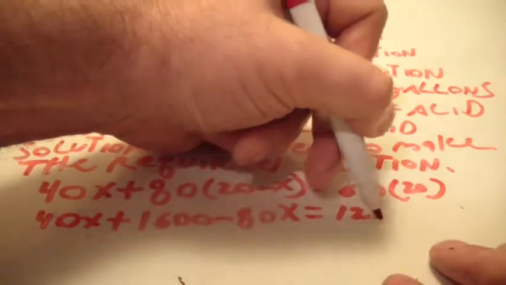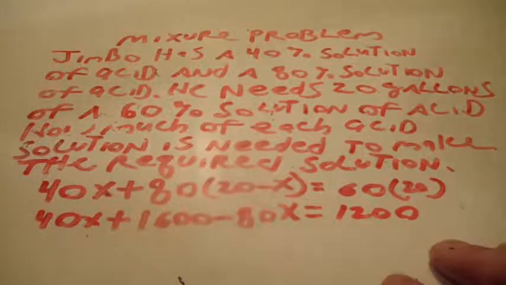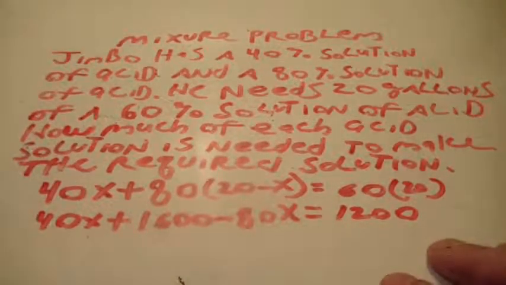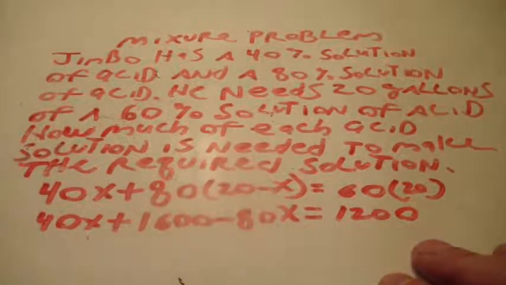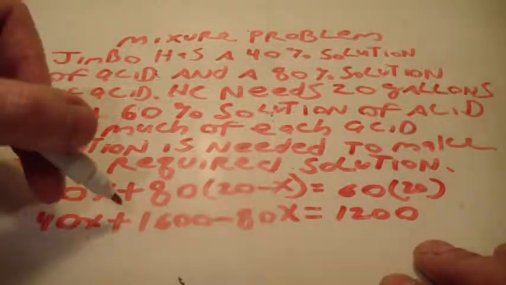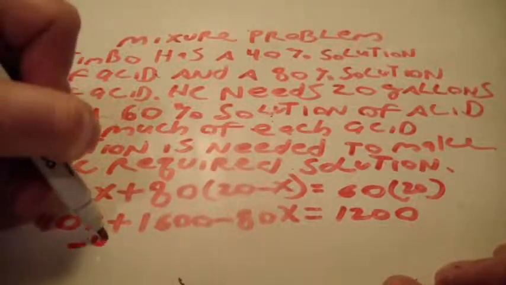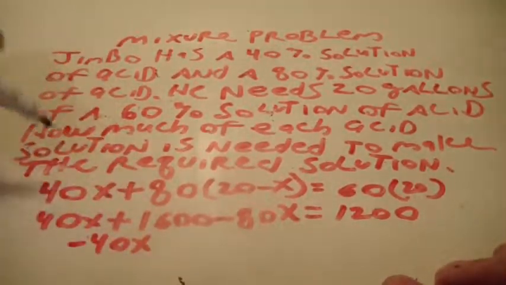Equals 1200. Okay, so now we just simply do this algebra. Okay, so 40x minus 80x is negative 40x.